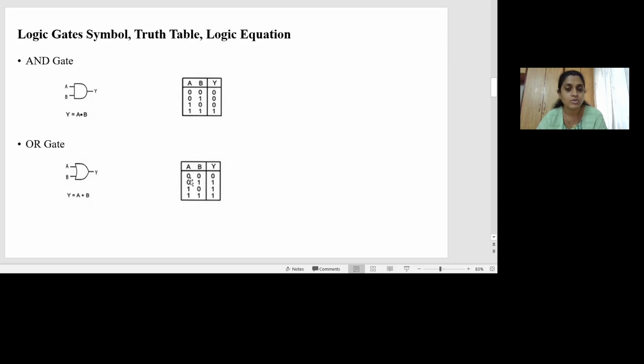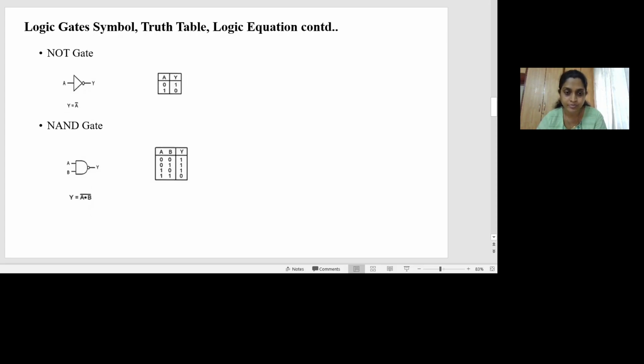When both the inputs or both the switches are not activated, the circuit will be open, and hence the bulb will not glow. So your OR gate corresponds to two switches that are connected in parallel.